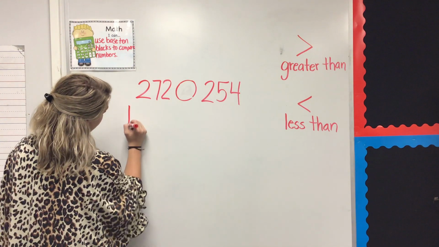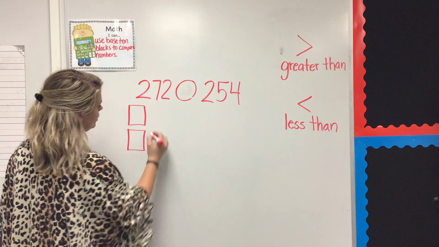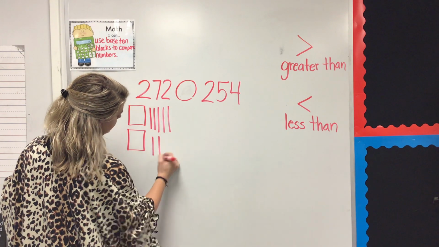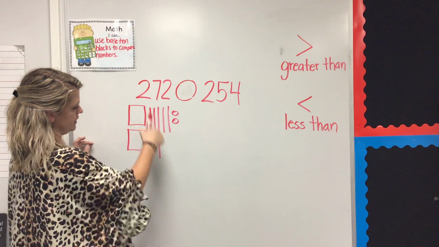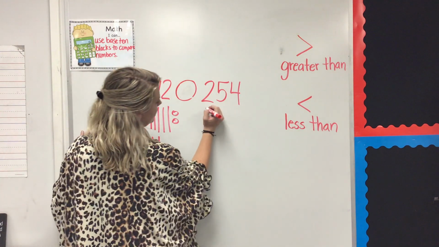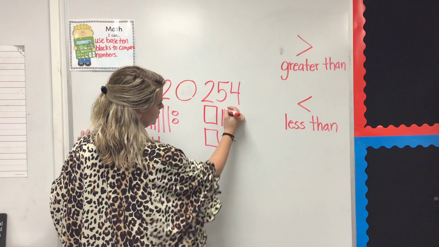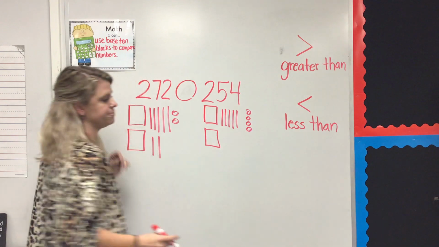So here we go. 100, 200, 1, 2, 3, 4, 5, 6, 7, 2, okay? 272. And then over here, I'm going to draw a picture of this one. 200, 1, 2, 3, 4, 5, 1, 2, 3, 4.